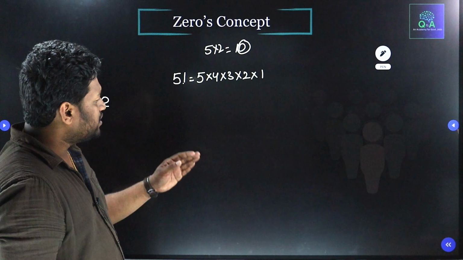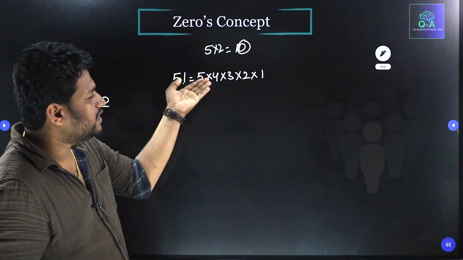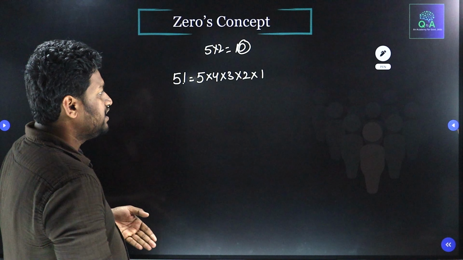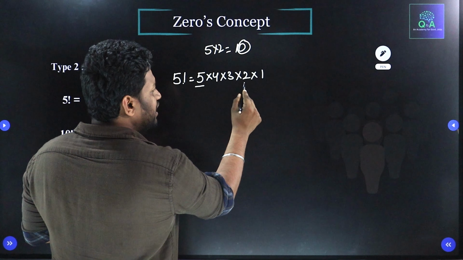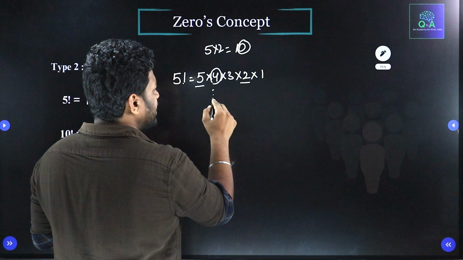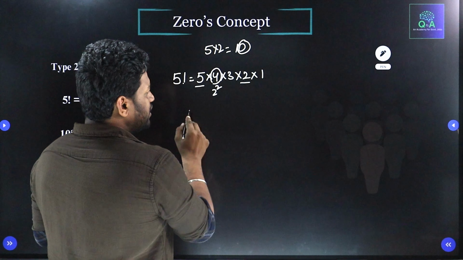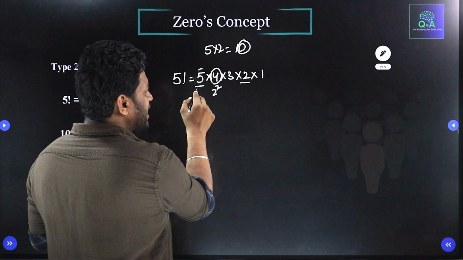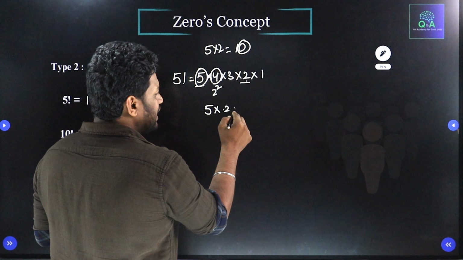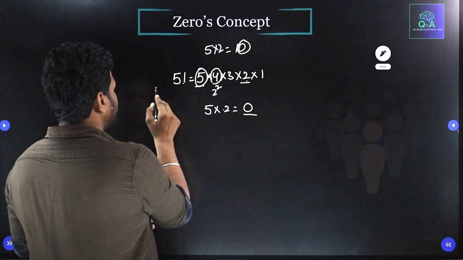Understood, all of you? In this, I have 1 five, and how many 2's do I have? I have 1 two. 4 also I can write as 2 square. For the 1 five, I'll be considering only 1 two, and I'll be taking one trailing zero for that.